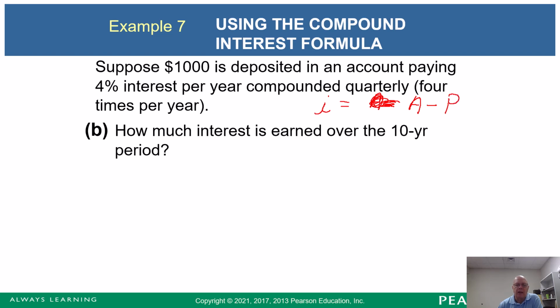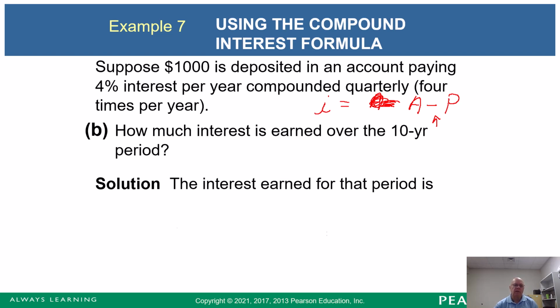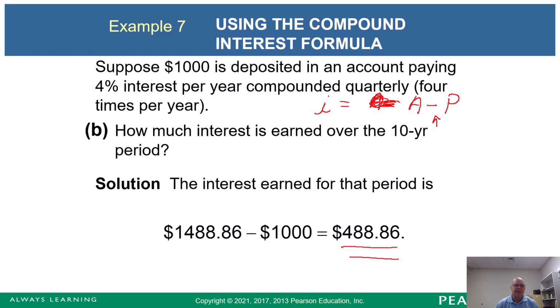You put in P dollars. You ended up with A dollars. The difference is how much interest was added in the meantime. We ended up with $1,488.86 minus our initial investment, and this is the interest earned for that period.